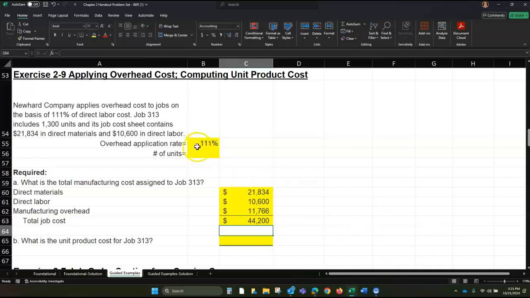That was 1,300, from right there in the narrative. And we need a unit cost, so we take what? Total job cost divided by number of units, or $34 per unit.